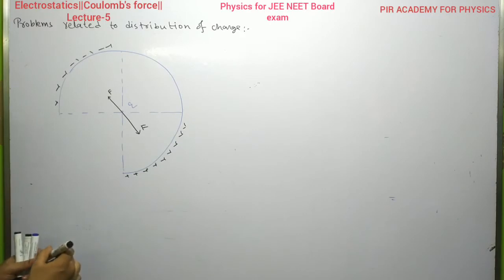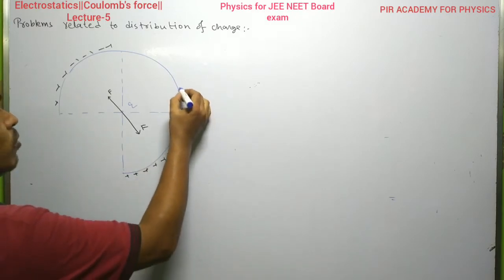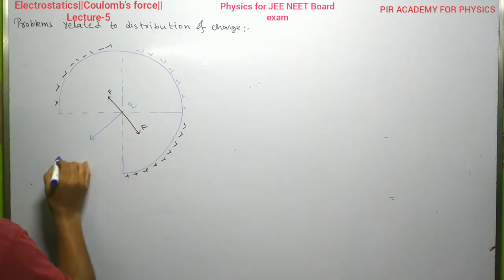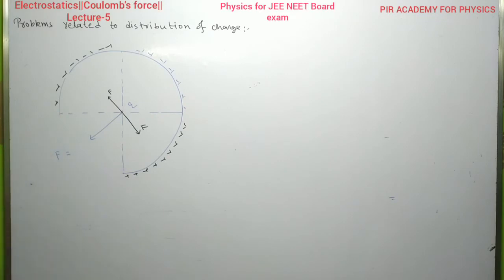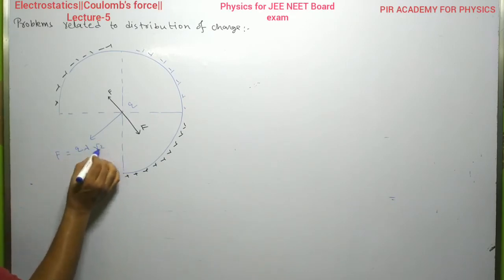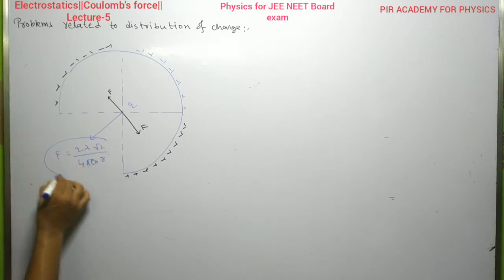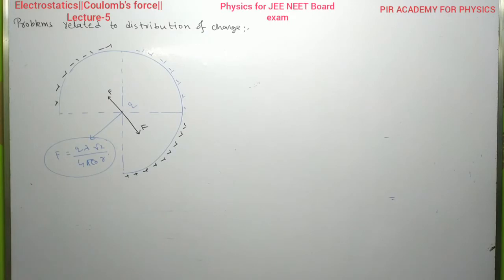So due to this portion the force will be effective. This force I have already calculated. This force will be q lambda root 2 divided by 4 pi epsilon naught r. So you can easily calculate the force on q.